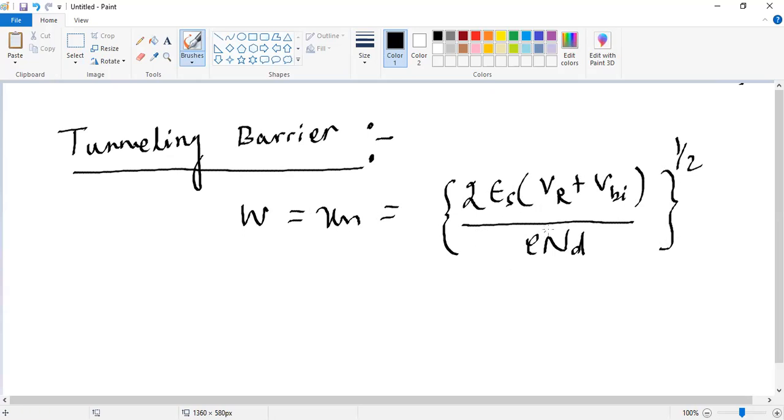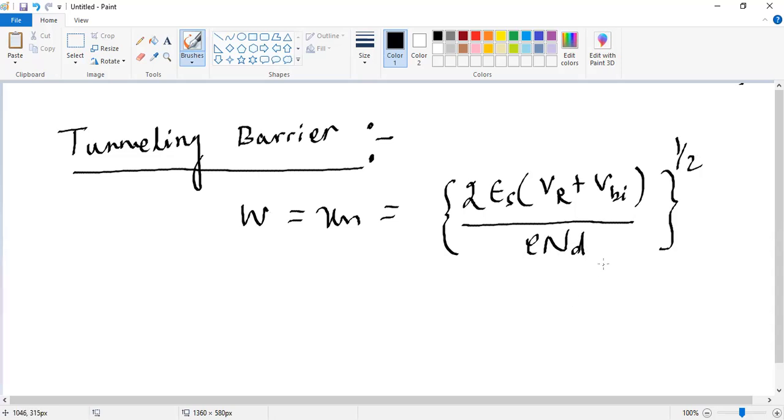So the space charge width of a rectifying metal semiconductor contact is inversely proportional to the square root of the semiconductor doping, which is visible here. ND is the doping concentration to the power 1 by 2, right? That's what is observed here. The width of the depletion region decreases as the doping concentration increases.